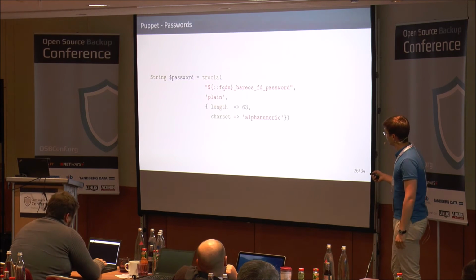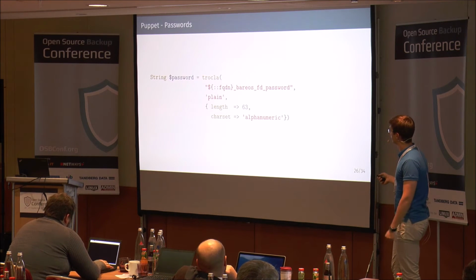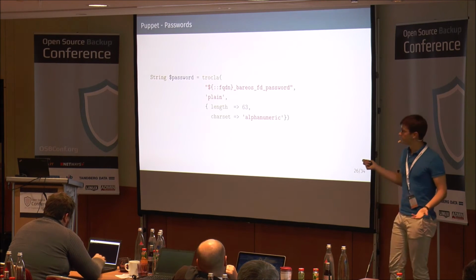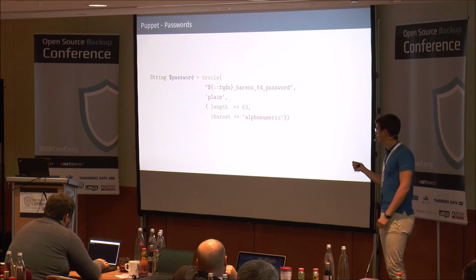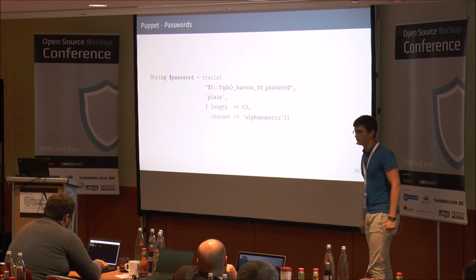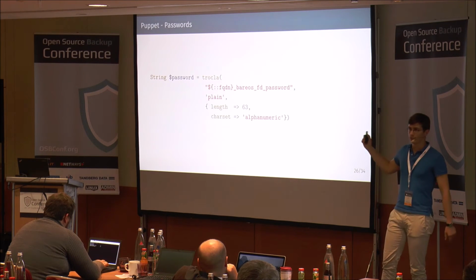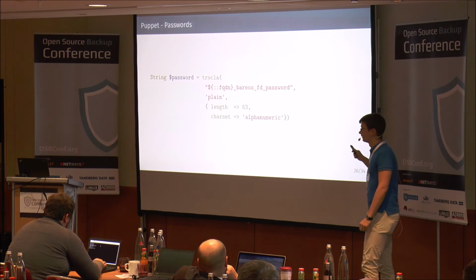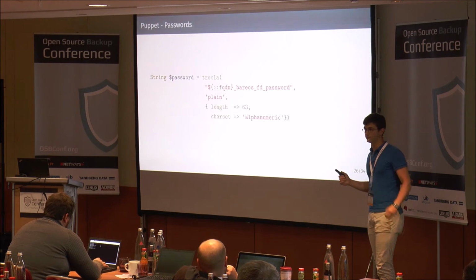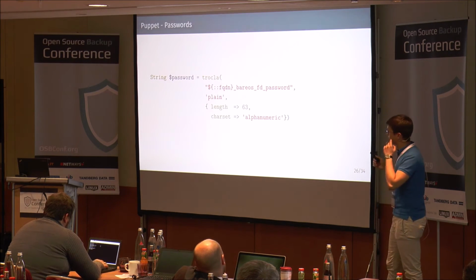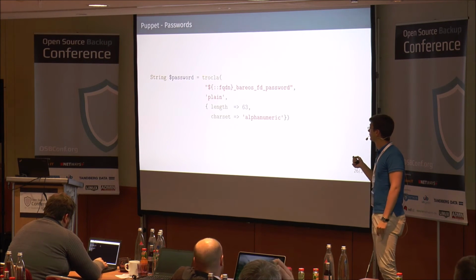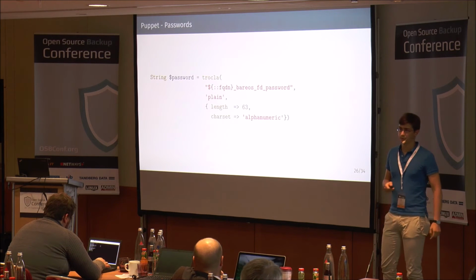The third parameter is just a modification of the format. We want a plain password with a length of 63, and the character set should be alphanumeric. Every time we invoke this function, the same password is given back. And if there is no password in the key-value store with this key, then a new value for this key is going to be generated.